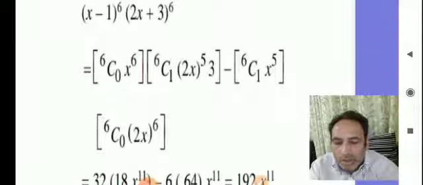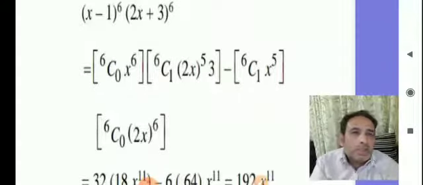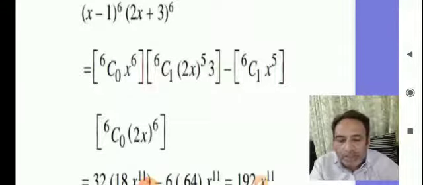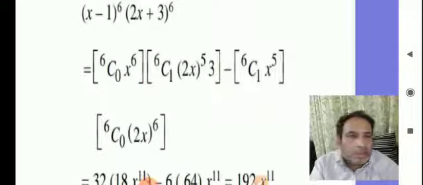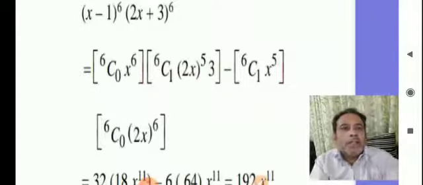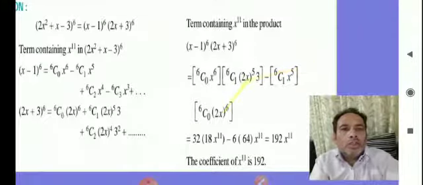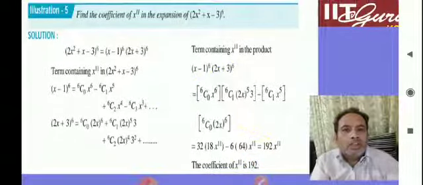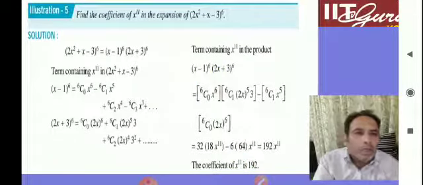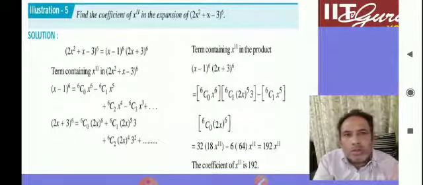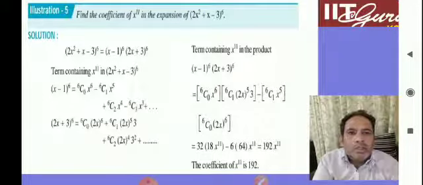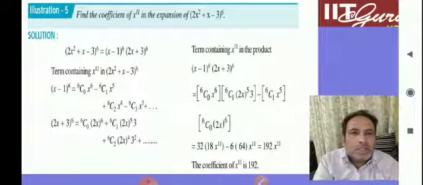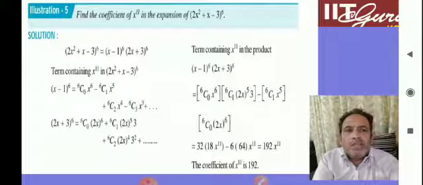Later on, this same question we will discuss further in the multinomial theorem, in the last 2 or 3 lectures of binomial, when we will discuss multinomial in detail, how to get the coefficient of x to the power 11 or any coefficient of a trinomial, quadrinomial or any multinomial. Anyhow, here the coefficient of x to the power 11 is 192.